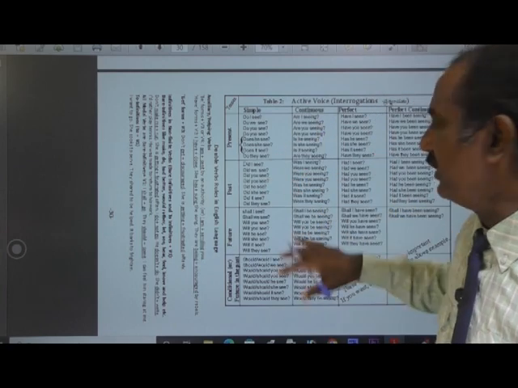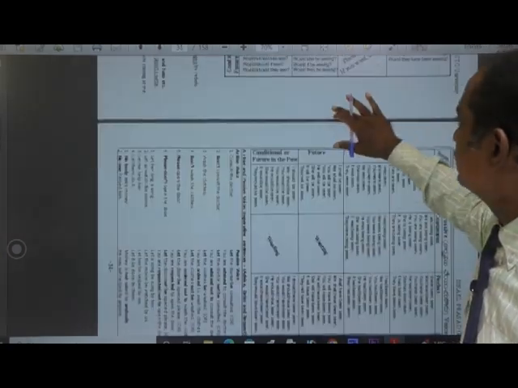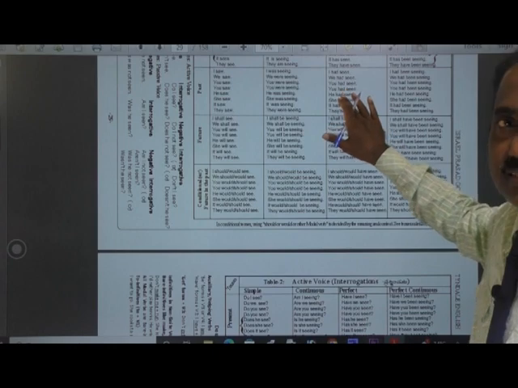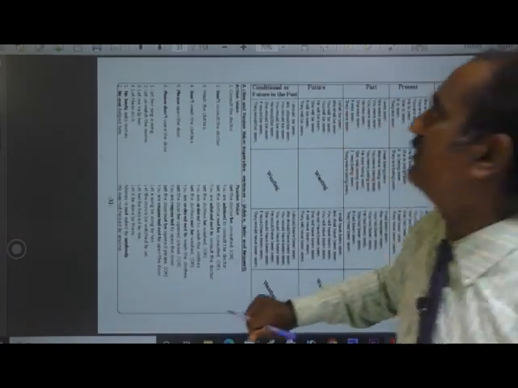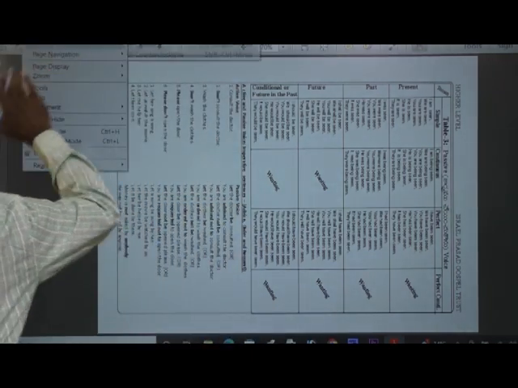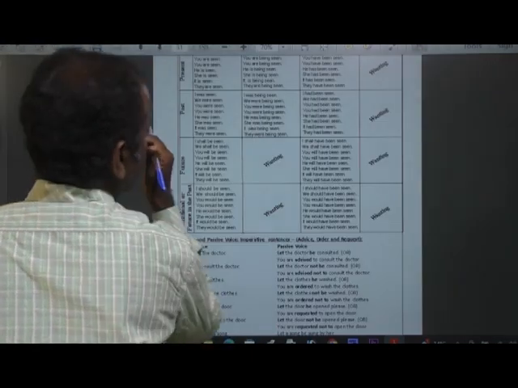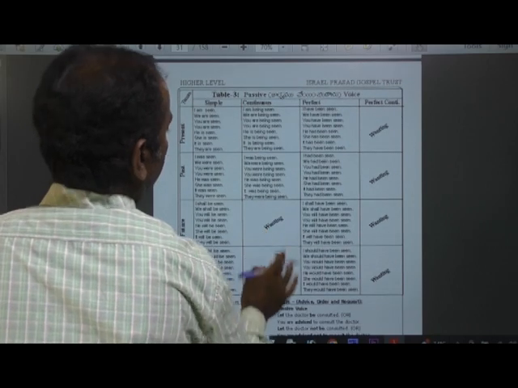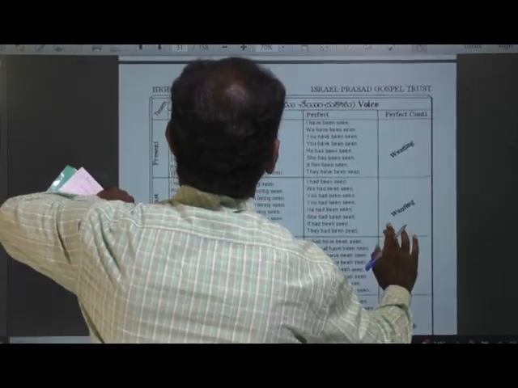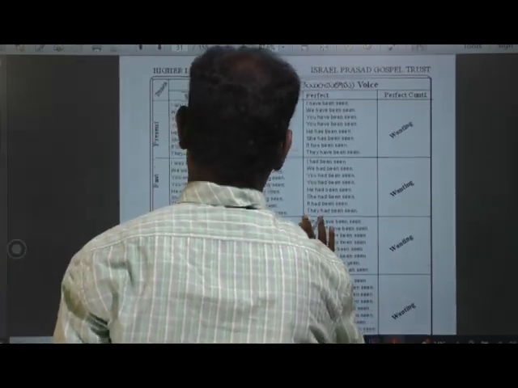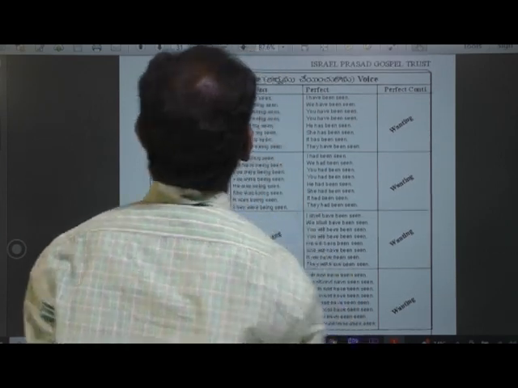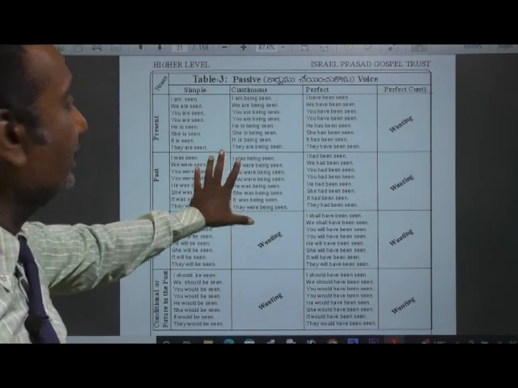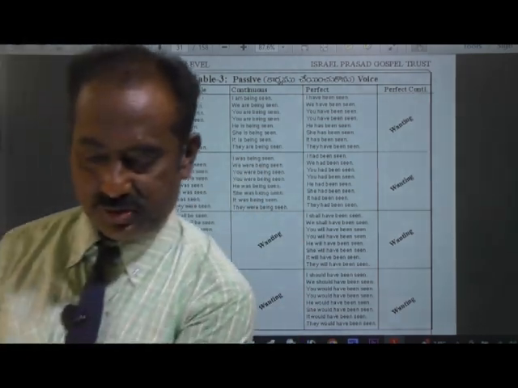Okay, let us come to other points also. These both are active voice: active voice statements, active voice interrogatives. This is the passive voice table. See carefully. Passive voice table, remember carefully.